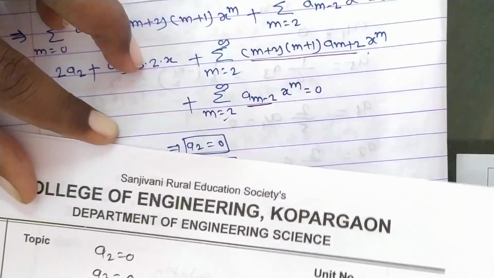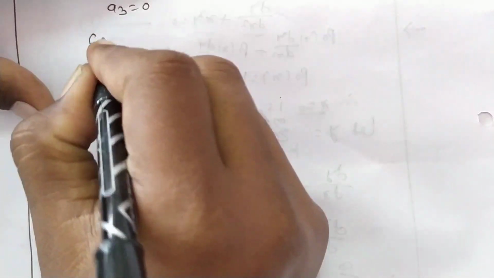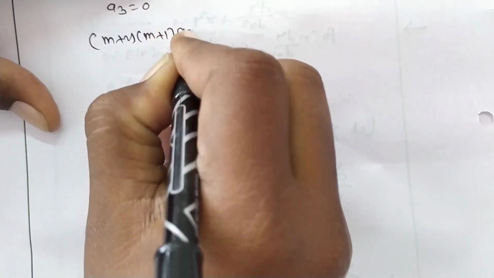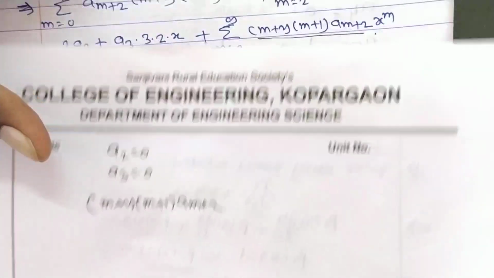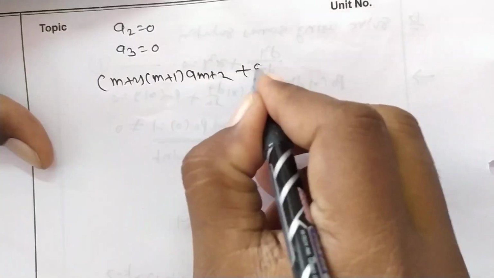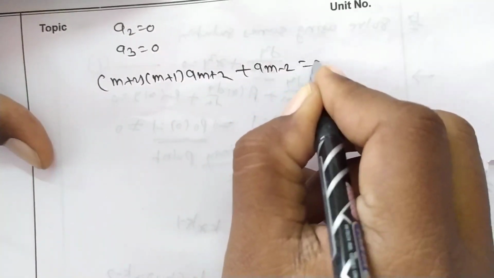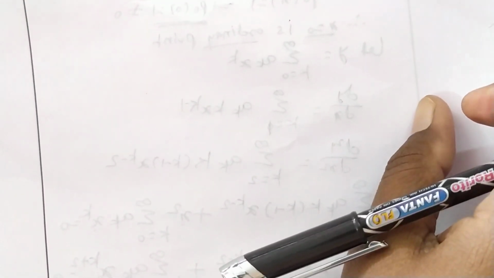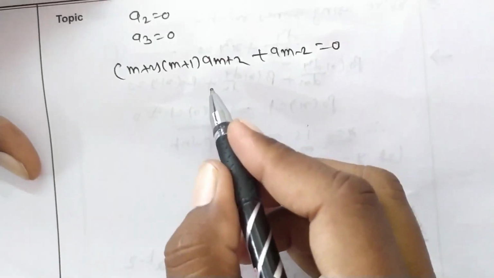So how do we write this? m plus 2 into m plus 1 into am plus 2, plus am minus 2, equate this with 0, because in RHS again x to the power m is missing. So using this we have to find the recurrence relation.